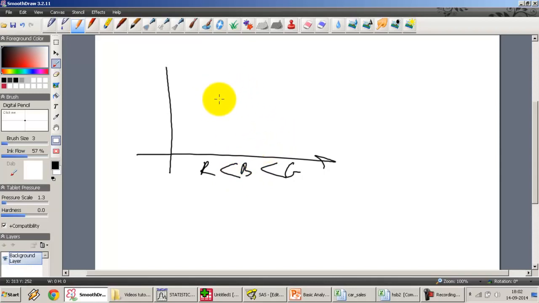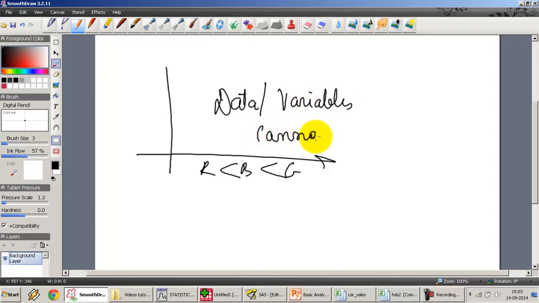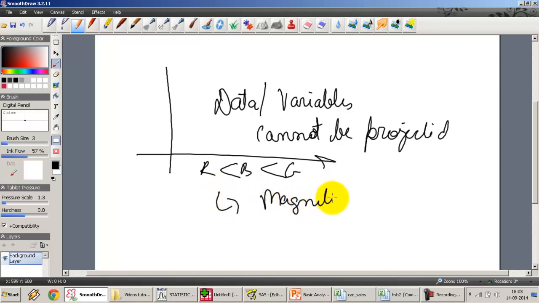So some data points, or some columns, or some variables cannot be projected, typically variables which do not have any magnitude or direction.